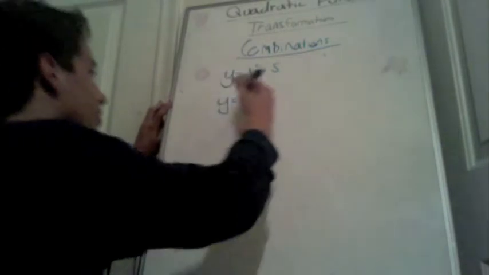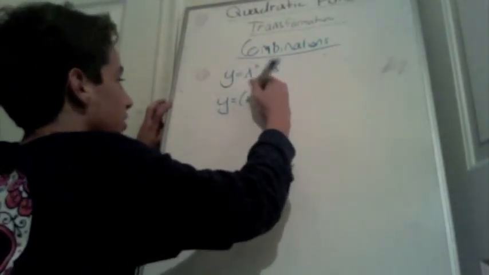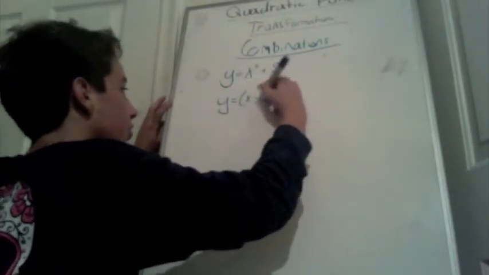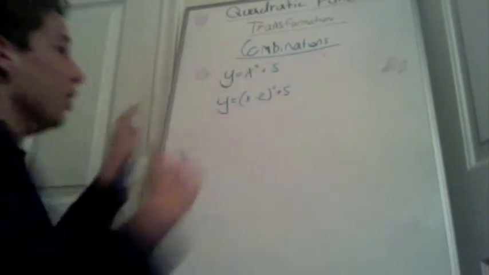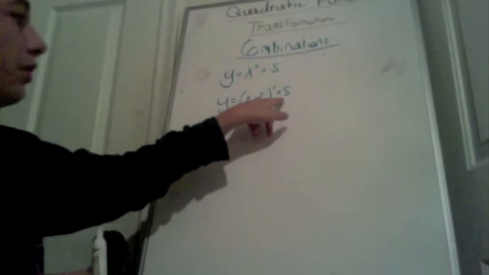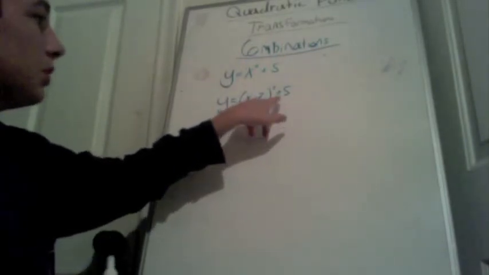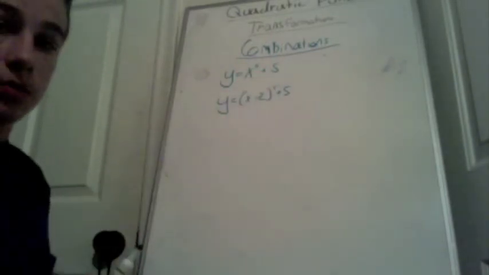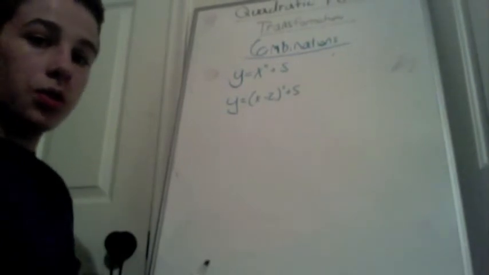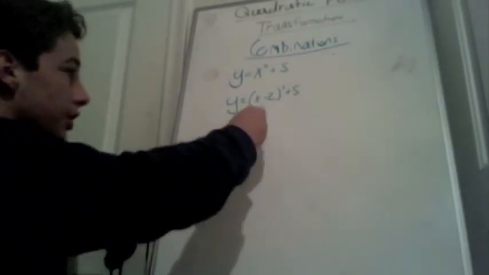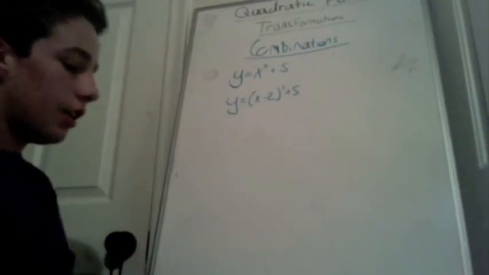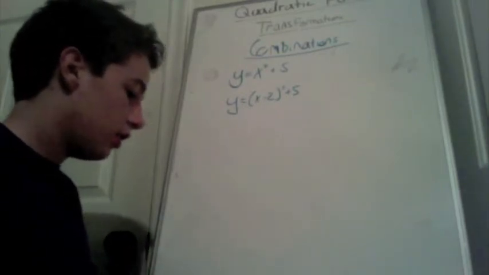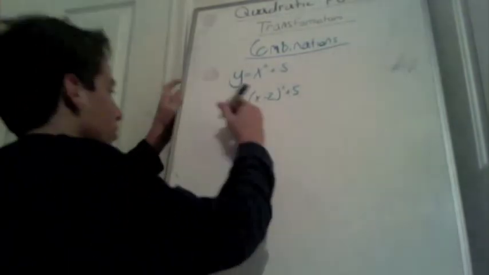Now let's add an x-intercept translation. So it's going to be parentheses x minus 2, squared, plus 5. Your vertical translation is still on the outside of the parentheses, while your horizontal translation will be on the inside, right here. Now let's add a vertical stretch.